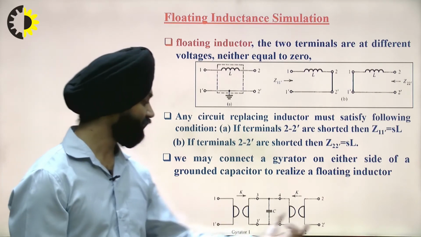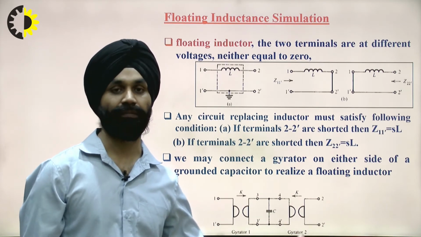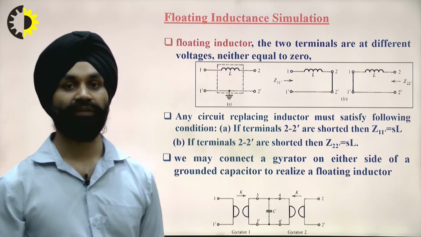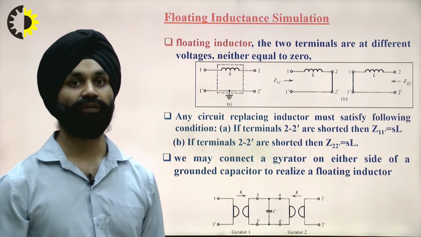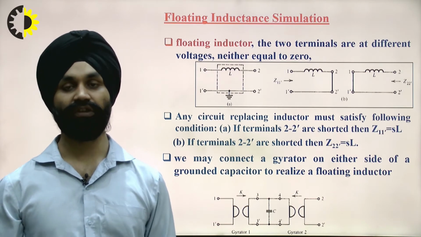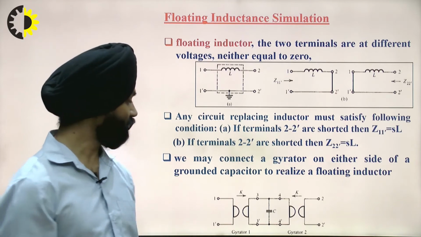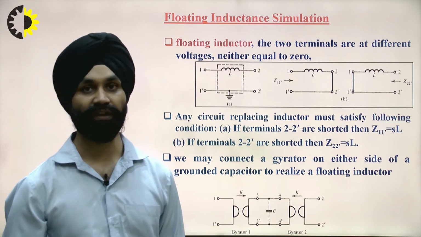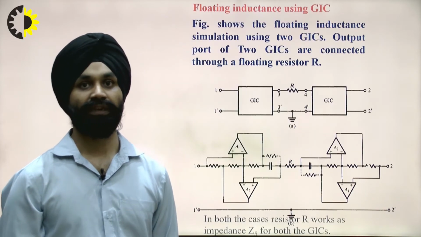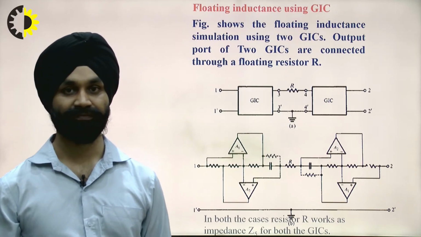This whole arrangement of gyrators gives a floating inductor, that means an inductor where no terminal is at zero potential, and both terminals are at different voltage levels. Now, how can we draw this using GIC?